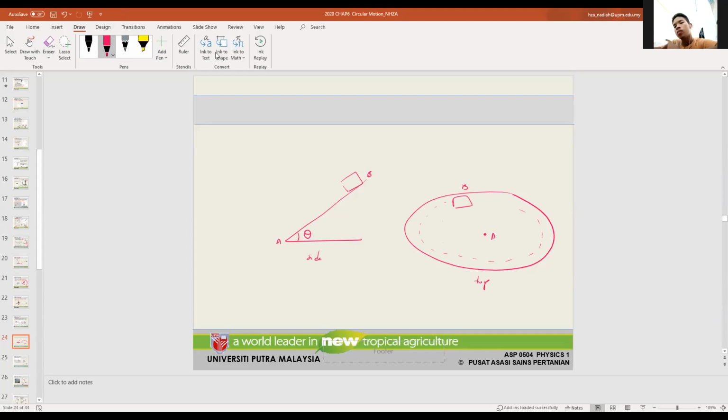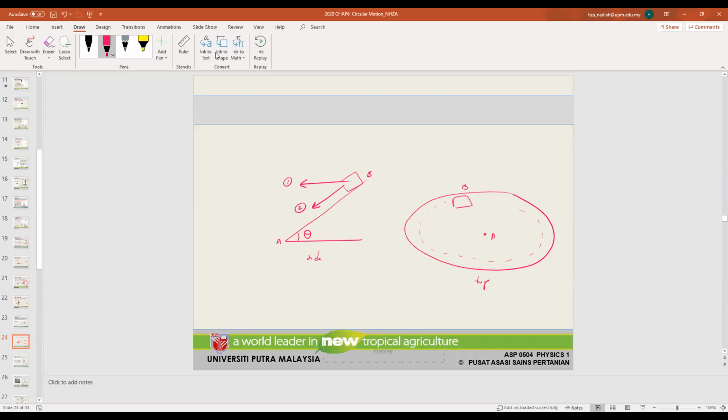Okay, where is your AC pointing towards? Is it this way or is it this way? Number 1 or number 2? Where is your AC pointing towards? Number 1. Kenapa? Towards the center of the circular motion.